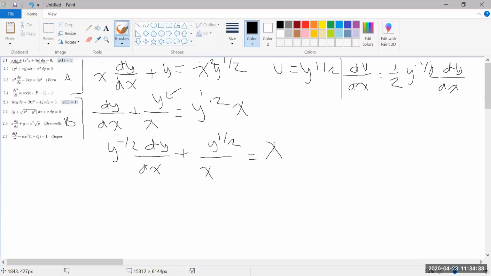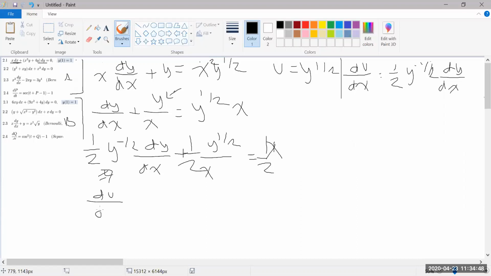Okay, and now so we can make a direct substitution for this term here, I'm going to multiply everything by 1/2. Okay, so we can now directly substitute that.